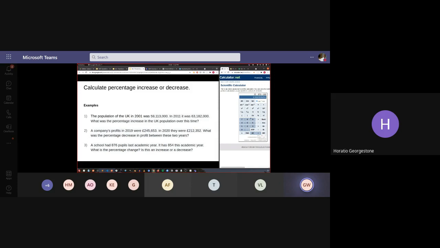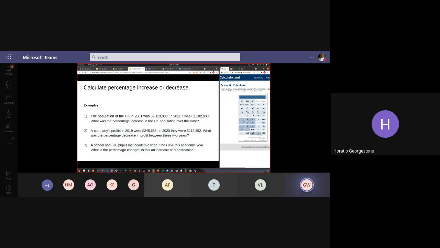Oh, I think I've done something wrong. I think I typed it into the calculator wrong. So 876 minus 854. No, that's right. Oh, 860. I've copied the question down differently between the notes and in here. That's why I've swapped the 7 and the 6. But you get the point.